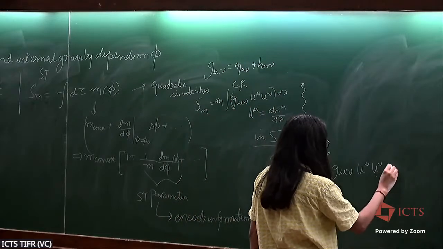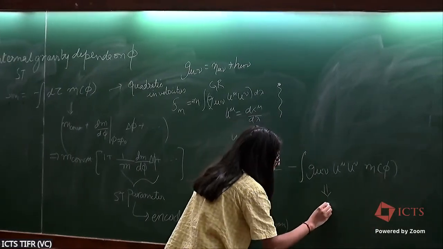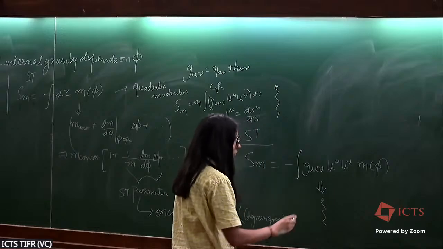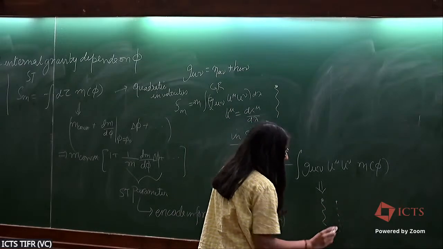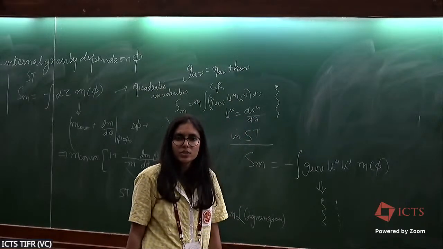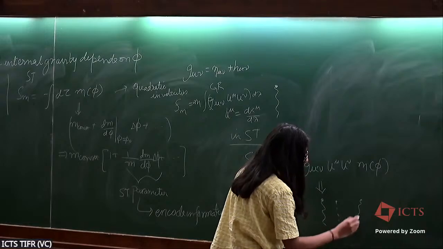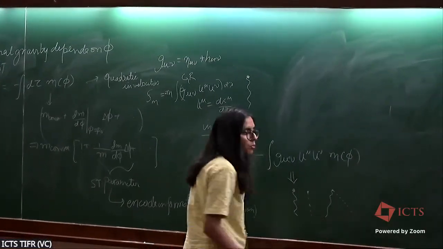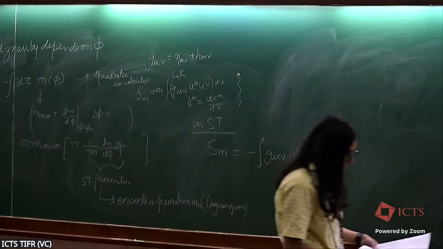So we said that now there is m of phi as well, implying there is not only this one point function for graviton, there will be one point function corresponding to the scalar field, which I denote by dashes, but there will also be now multi-point functions attached to the world line, making the computations difficult.